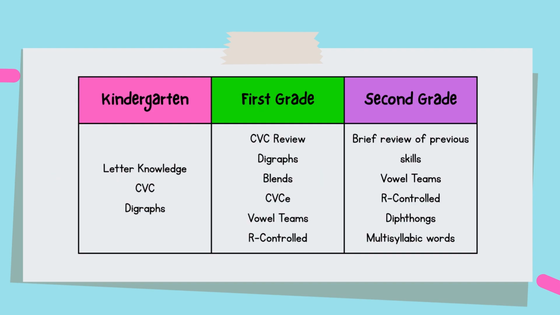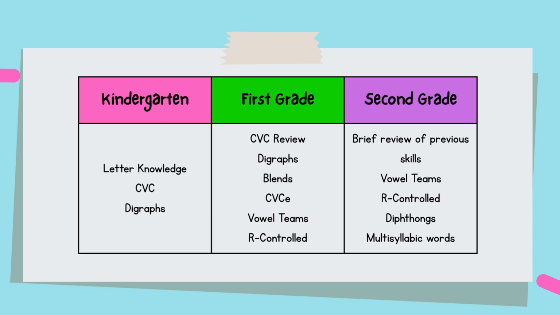Before we dive into the step back guide, it's important to understand how phonics instruction typically progresses across grade levels. This gives us a baseline for knowing where most students should be and helps us recognize when a student needs to start somewhere different. In kindergarten, phonics instruction usually begins with letter knowledge, identifying the upper and lowercase letters and producing their typical sounds.